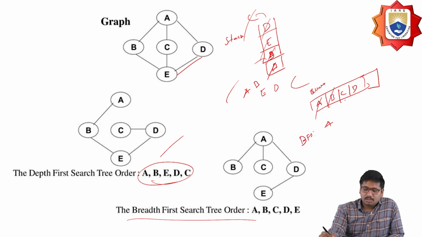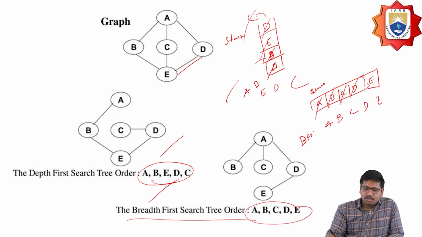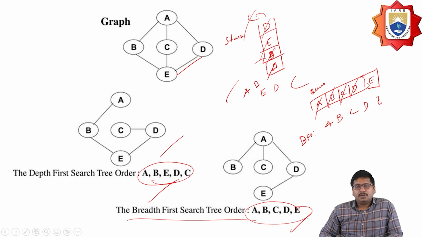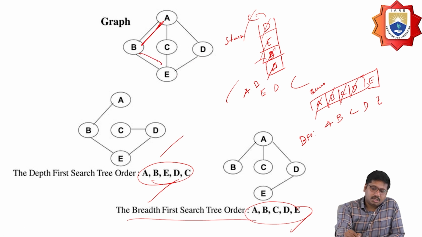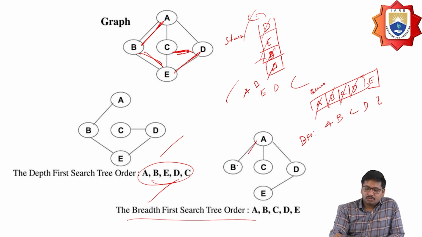Then B, E is there, E. So C, E, and D already there, D already there, E. So this order is different and that order is different, but the traversal is the same. If we look at the depth first search, the graph looks like the tree A, B, C, D, and then E. Whereas for breadth first search, it should be A, B, C, D, and then E.